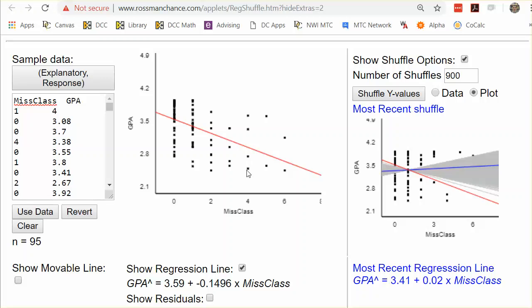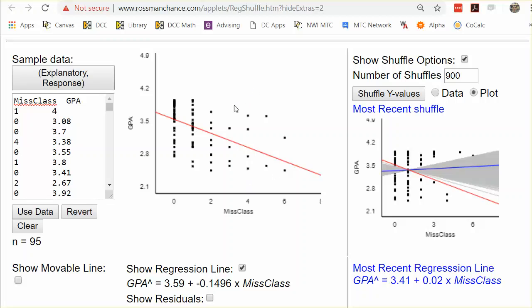So the model predicts a general negative trend that the more classes missed leads to lower GPAs. But this is sort of on average in the model. I mean, this student has a very high GPA, even though he missed 5 classes in the last 3 weeks. So it is not about each individual person. It's sort of, what do you generally see in the data?